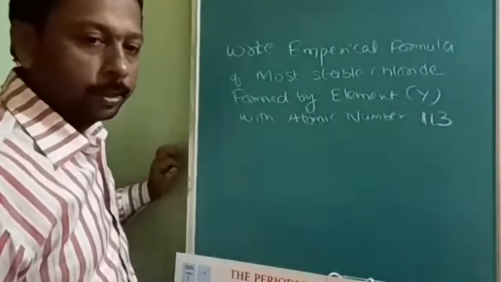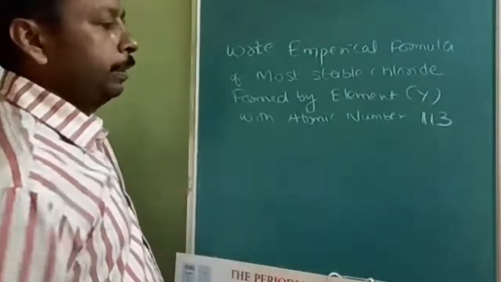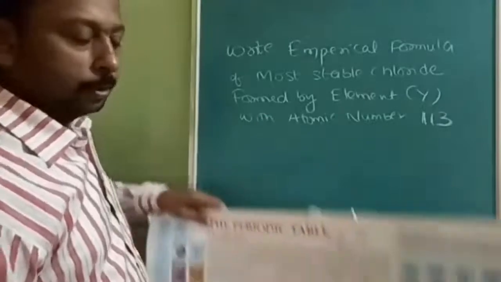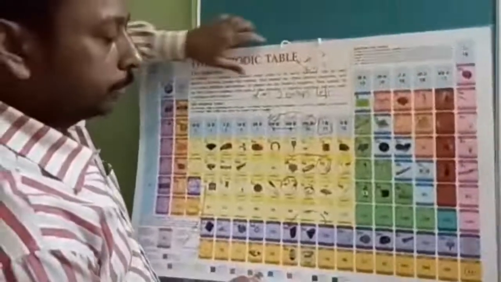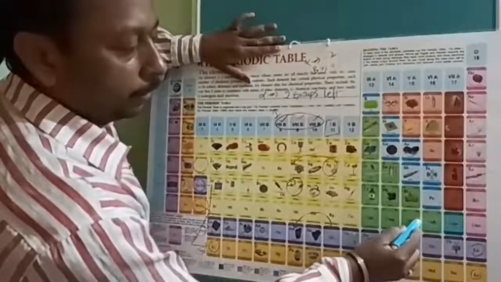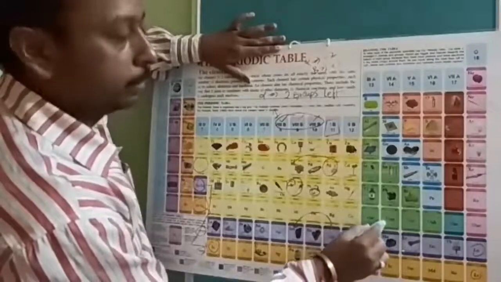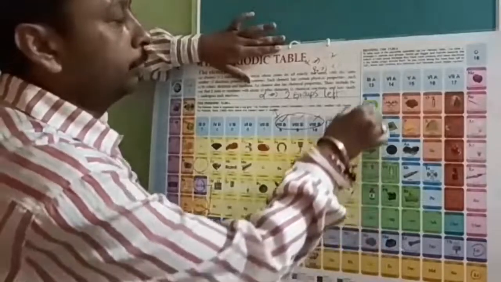Now listen carefully. Empirical formula of the element with atomic number 113. See here, this is 118, 117, 116, 114 and 113. This is 113. What does 113 belong to?